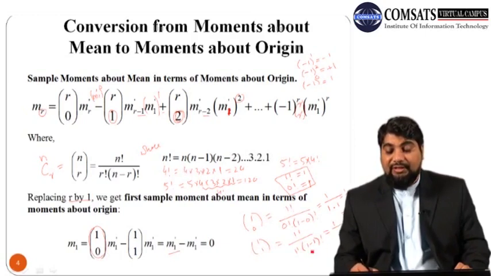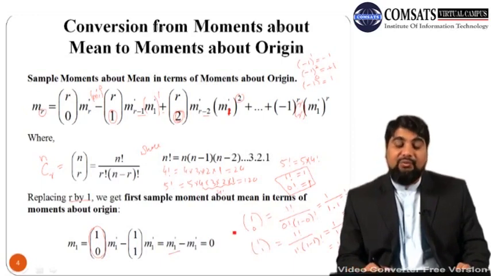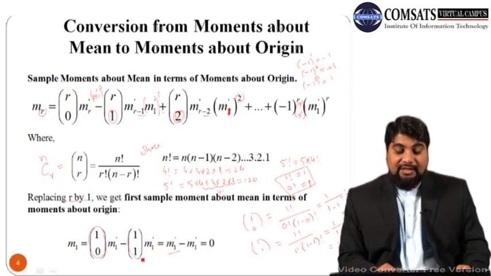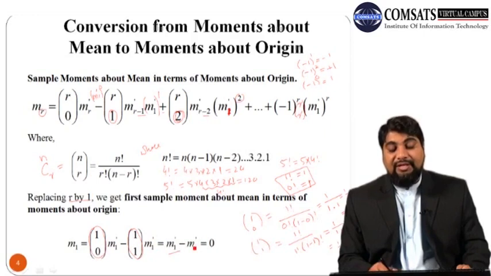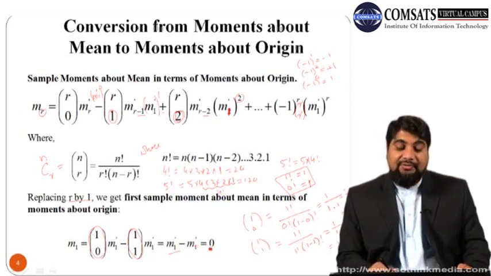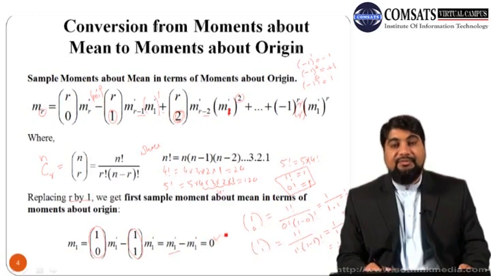So 1 factorial is 1, this 1 factorial is again 1, 1 minus 1 which is 0 factorial, is also 1. So 1 over 1 we again get 1. So this is also 1, so we get m1 dash. So m1 dash minus m1 dash we get 0. So it means the first sample moment about mean is 0.